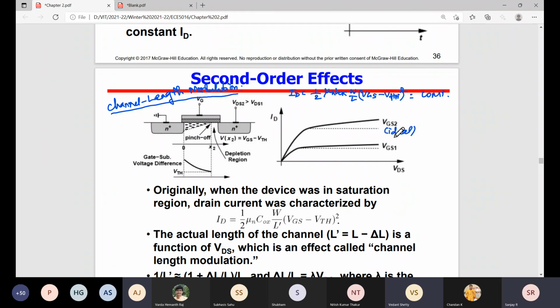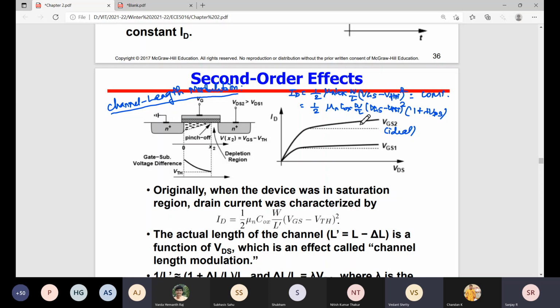Ideal current source. If channel length modulation is there, the current gets a factor of one plus lambda VDS. Now can we say whether current is constant here? Yes or no? No, sir. Why?